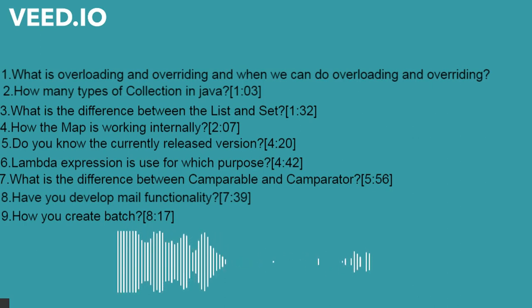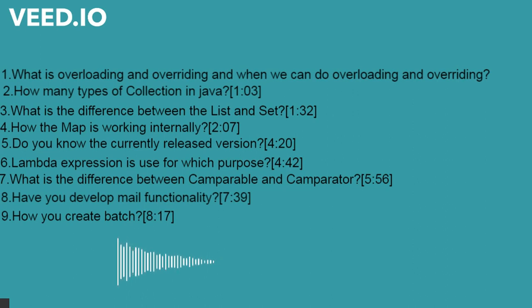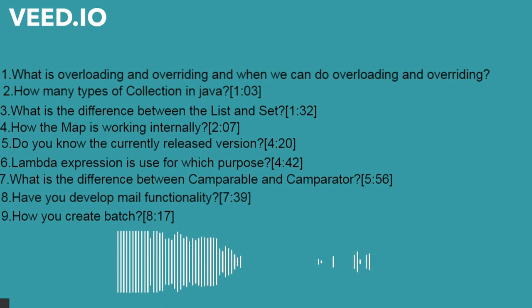Yeah, as we know, lambda expression is basically to shorten the code. There is a forEach method also. So we generally use that, where predicates we need to set, and also there is the stream API.